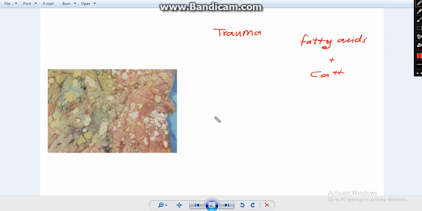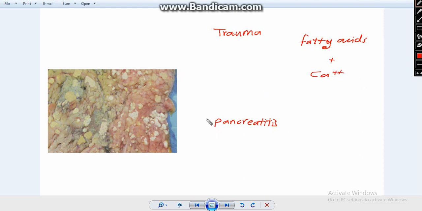Now, it happens in pancreatitis as well, when the enzymes go out from the acini and from the duct to the peripancreatic fat, and such as lipase enzymes within that pancreatic juice, they digest that fat, damage it, and release fatty acids which bind to calcium.